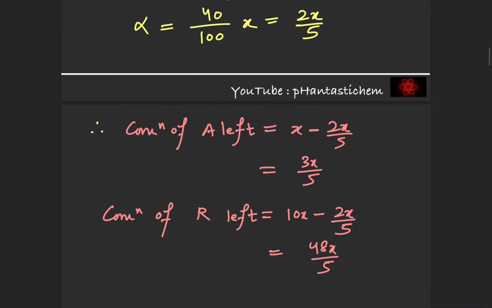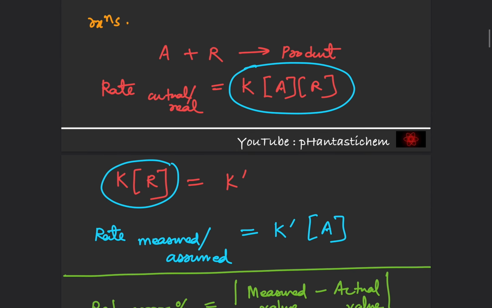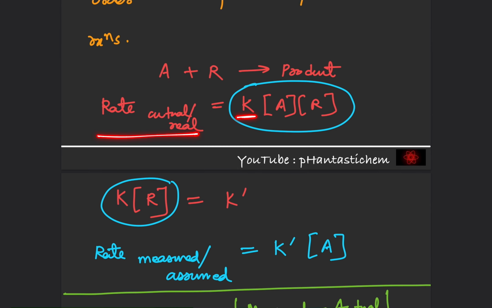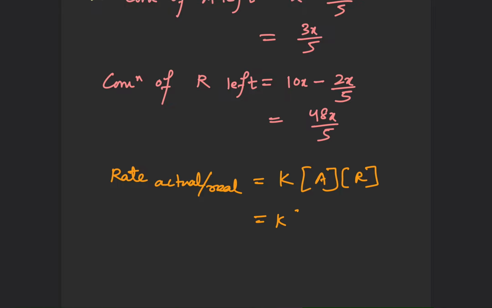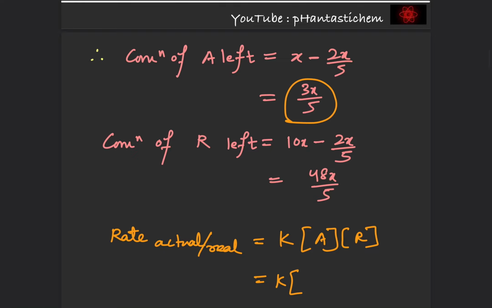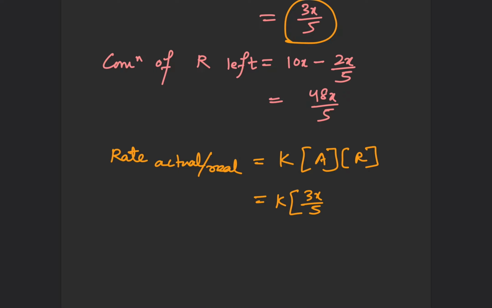So therefore, since we have already found out that the actual rate is equal to k into the concentration of A into the concentration of R, we will write that down again: the rate actual or the real is equal to k into the concentration of A into the concentration of R. So the concentration of A, we know, is 3x by 5, and the concentration of R is 48x by 5. So this is the actual or the real rate.